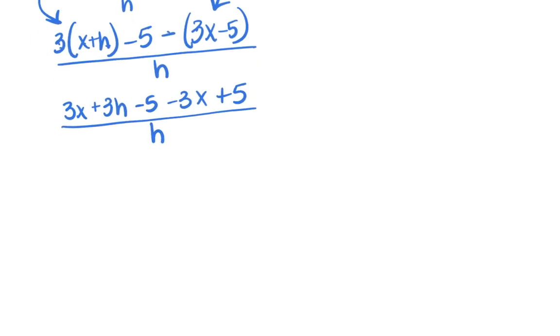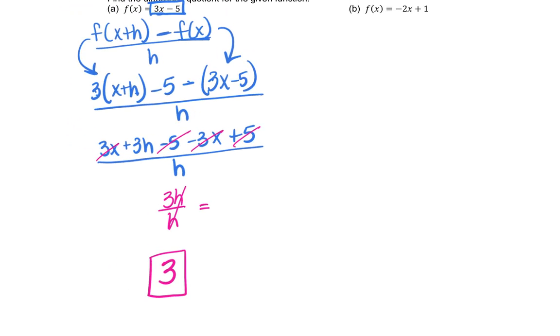So now, if you start combining your like terms, you should notice 3x minus 3x, those cancel. Got 3h. Got negative 5 plus 5, so those cancel. So I'm left with 3h over h. The h's are going to cancel. So I'm left with 3. So 3 would be your final answer there.